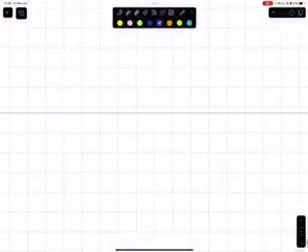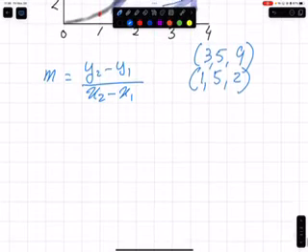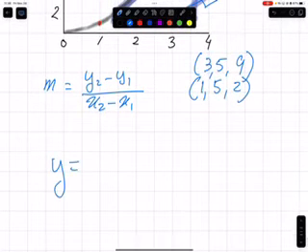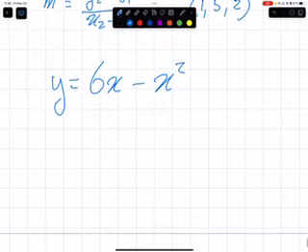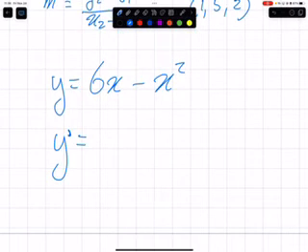What's the formula? y equals 6x minus x squared. The one I taught you was only x squared, but what if you have 6x? The same rule applies. What is the n of 6x?